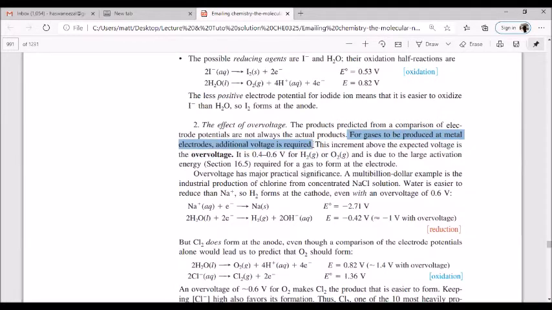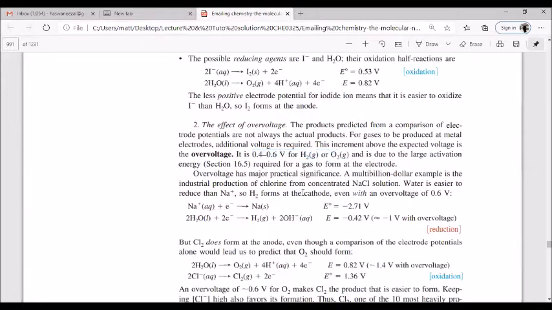It means you have to add additional voltage to the reduction potential given. This increment above the expected voltage is called overvoltage. It is around 0.4 to 0.6 volt for hydrogen or oxygen to form, and this is due to the large activation energy required for a gas to form at the electrode. Overvoltage is of major practical significance.